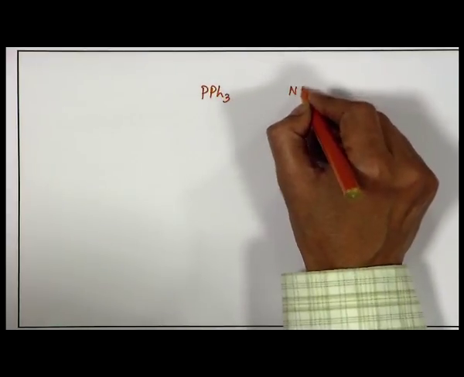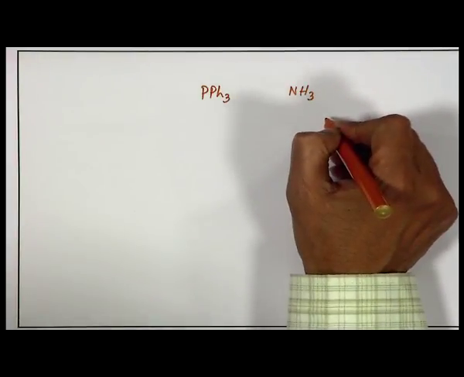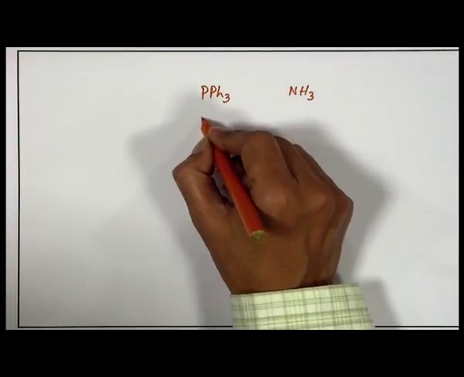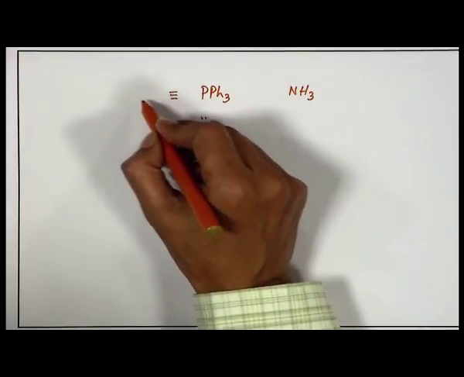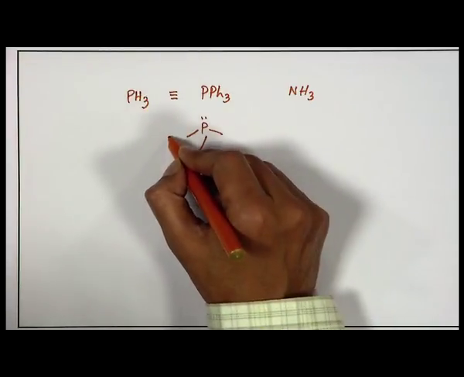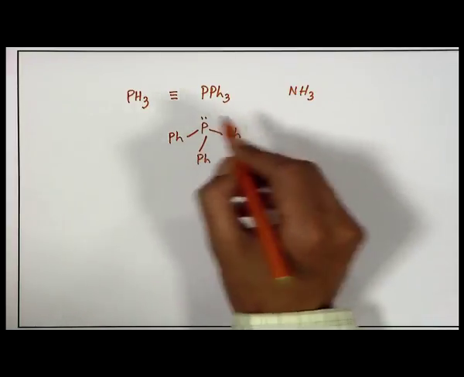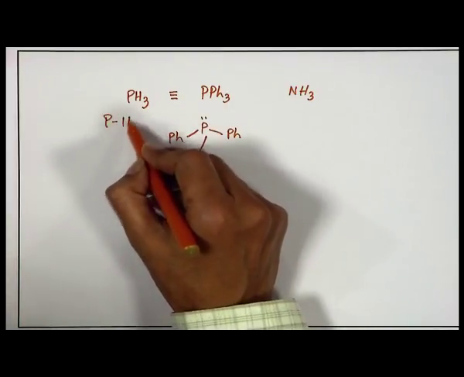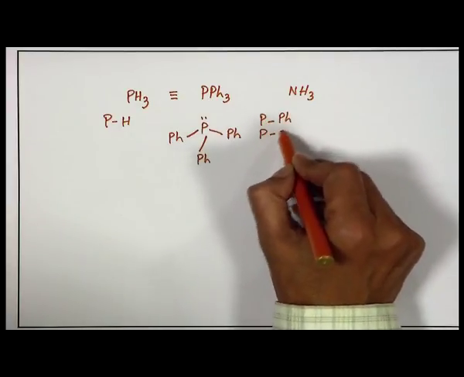It is like ammonia, where nitrogen is attached to 3 hydrogen atoms. Similarly, phosphine is the analog, where instead of the P-H bond we now have the P-C bond.